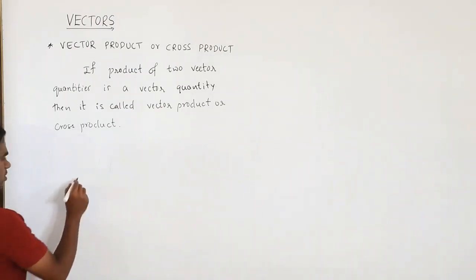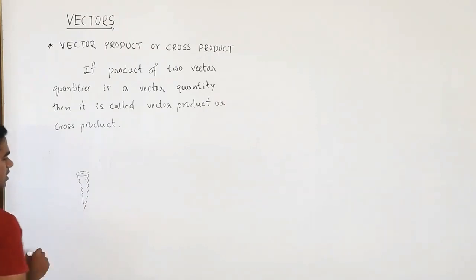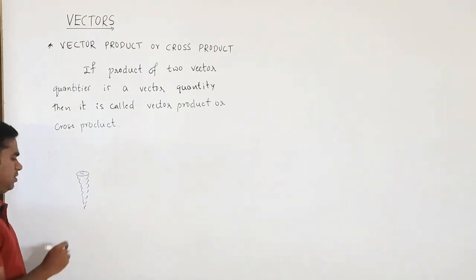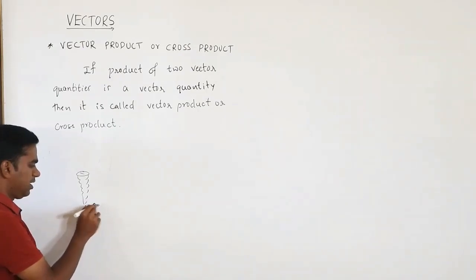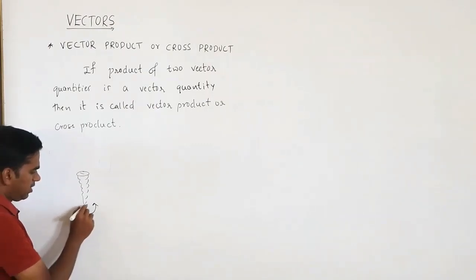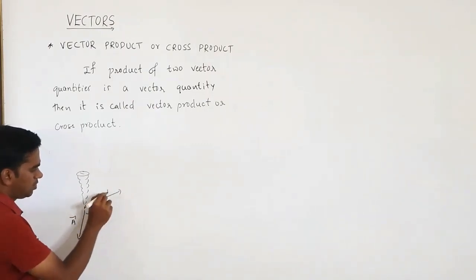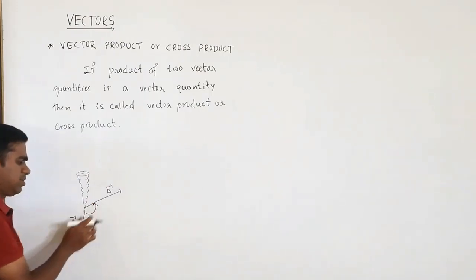Suppose you have a screw over here. If you rotate in this direction, before the vector was here, this was vector A, and now you are coming to here, this is vector B. So you are rotating from here to here.